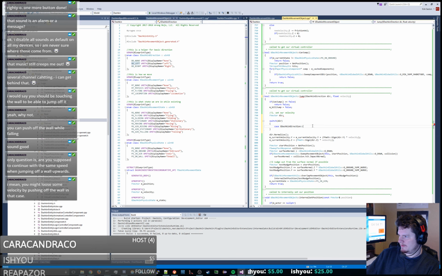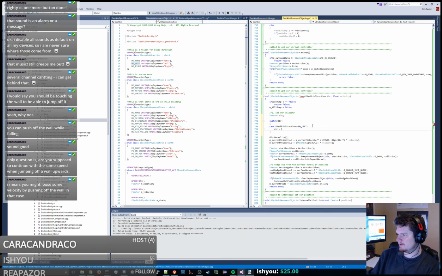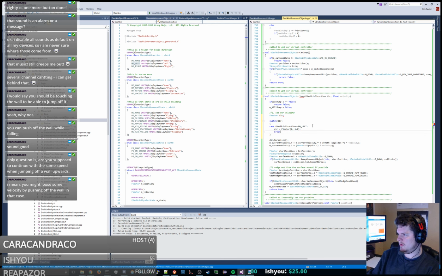DD left, dir equals left. So that's going to be FVector 0, -1, 0, break.